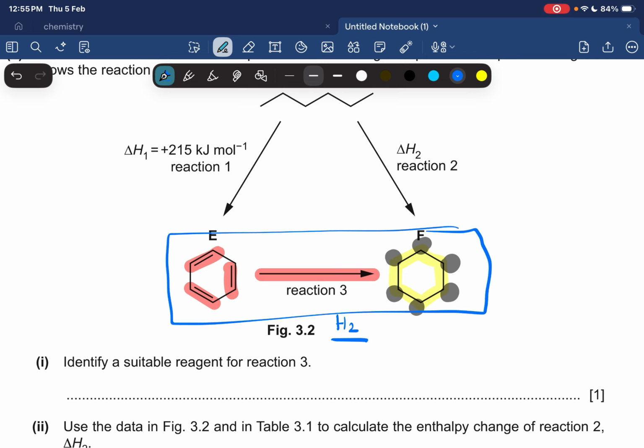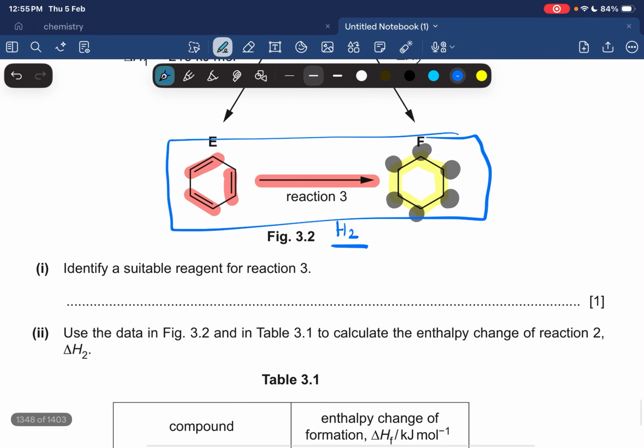That means you're adding nickel catalyst, right? So the suitable reagent is going to be hydrogen gas with nickel catalyst. You can say hydrogen gas, but you don't need to say nickel. You know it: for alkene addition reactions, you need nickel, so with Ni as a catalyst.